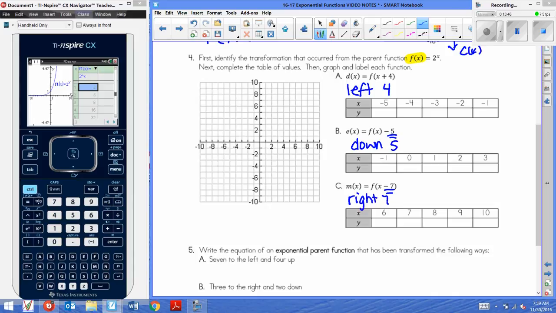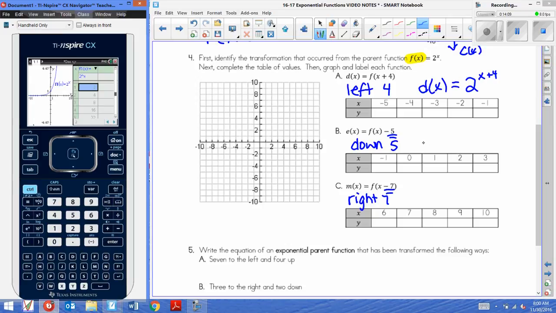Okay, now what I find to be really helpful is once I've translated and read my function notation, I actually like to write out the function d of x using the parent function. So left 4 would make it look like 2 to the x plus 4 power.